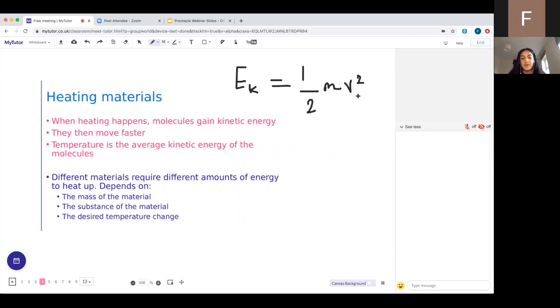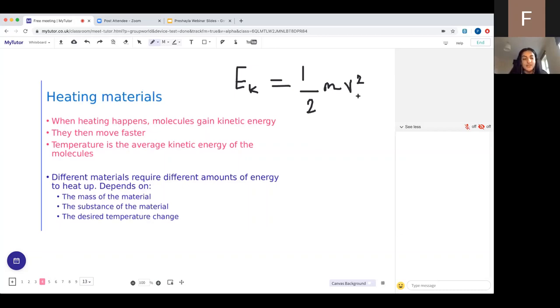It depends on the mass of the material, the substance of the material, and the desired temperature change. Which makes sense. A bigger ice block is going to be harder to melt than a smaller ice block. The substance of the material: well, brick is fundamentally harder to melt than ice because of its makeup. So that's what the substance of the material means.